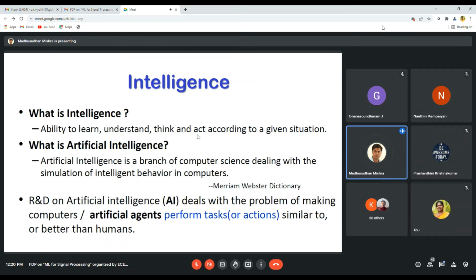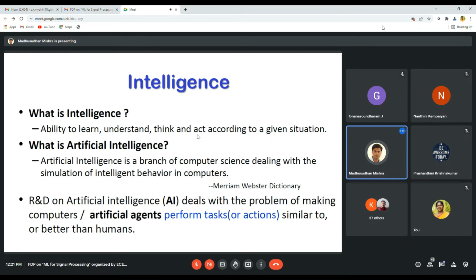We have talked about intelligence, the ability to learn, understand, and think according to the given situation. Then we have also seen what exactly artificial intelligence is. Artificial intelligence basically is a branch of computer science dealing with the simulation of intelligent behavior in computers.